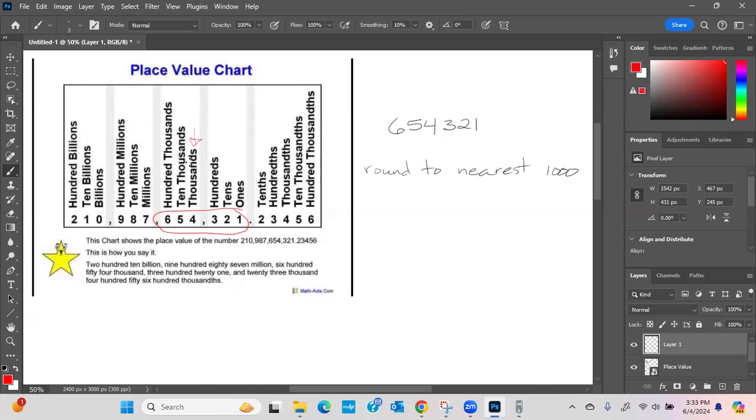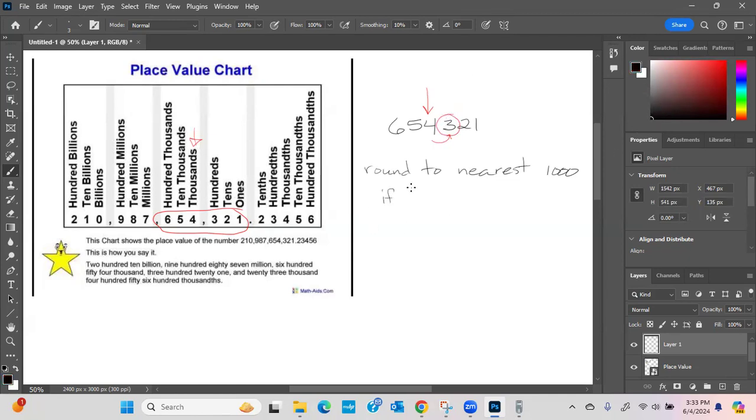That's right here. Now that we've got ones, tens, hundreds, thousands. So this is the spot we're looking at right now. And what we need to do is we need to look to the number just to the right of that. Just to the right of that is this 3.